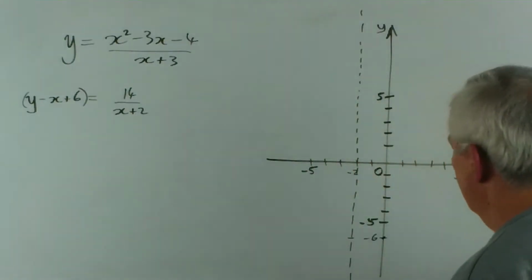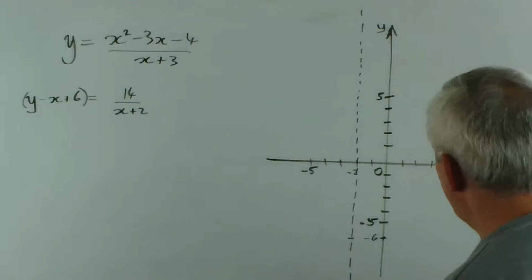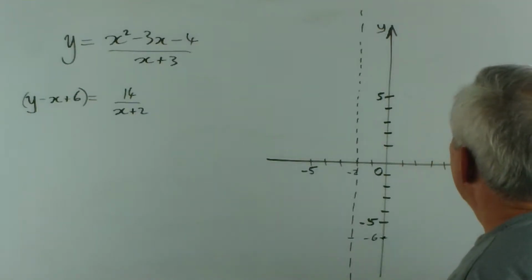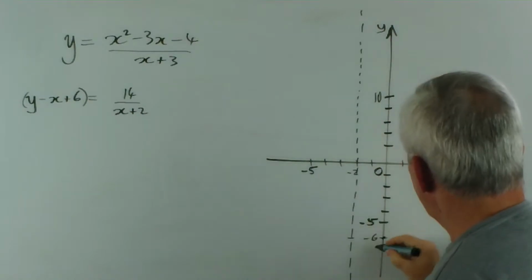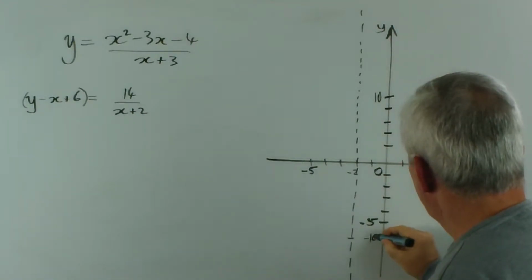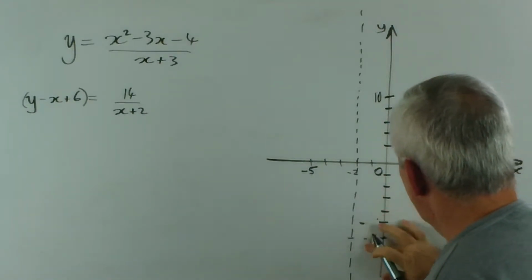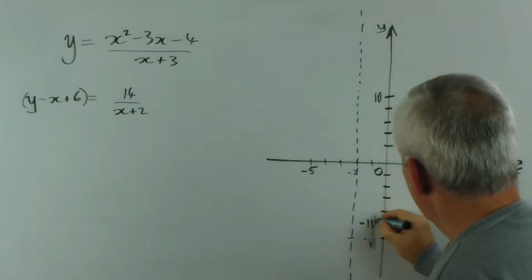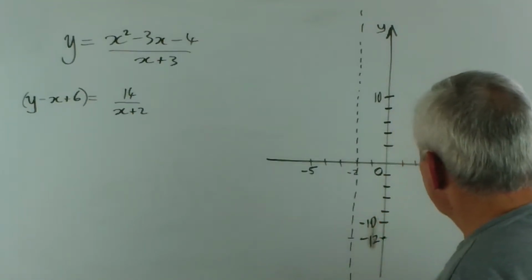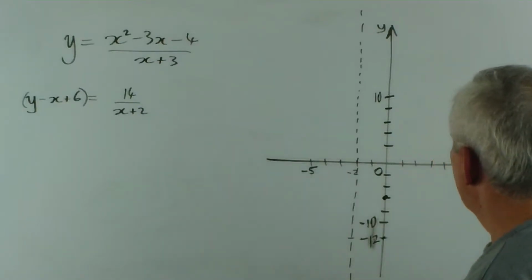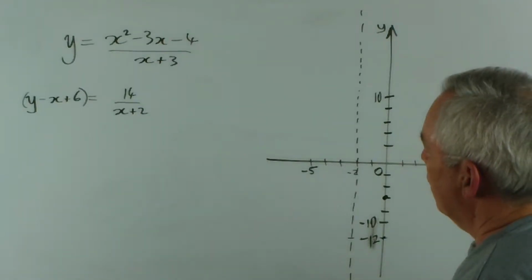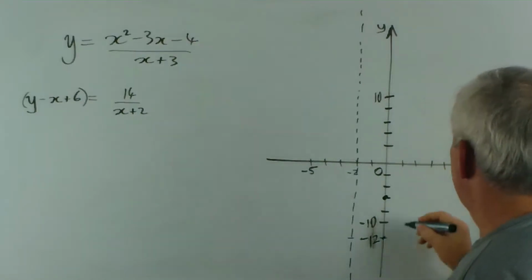I've realised I really need a longer, deeper graph here. I think I might change the vertical scale. I'm sorry to do this to you. I don't actually recommend it. So -6 will be here, and what's the gradient? 1.